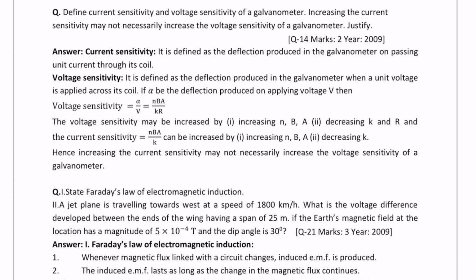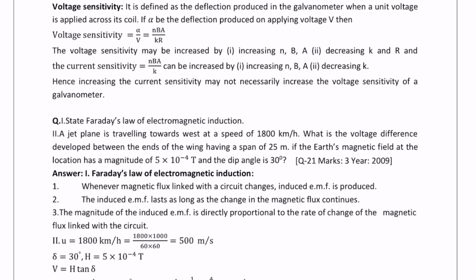Now, this question: define current sensitivity and voltage sensitivity of a galvanometer. Increasing the current sensitivity may not necessarily increase the voltage sensitivity of a galvanometer. Justify it. So what is current sensitivity?